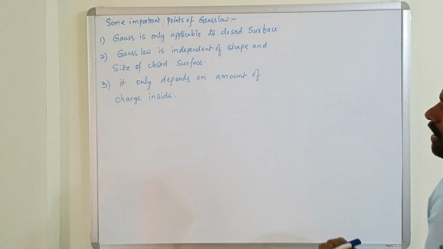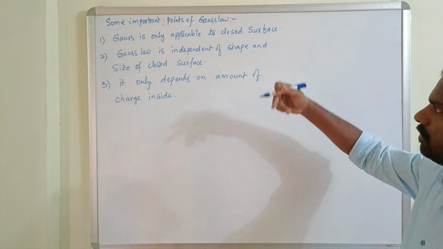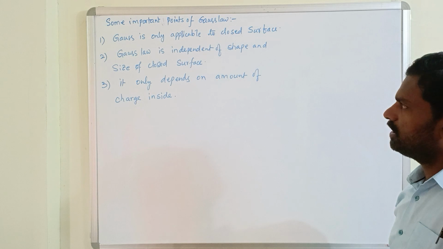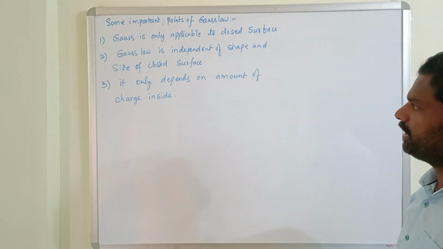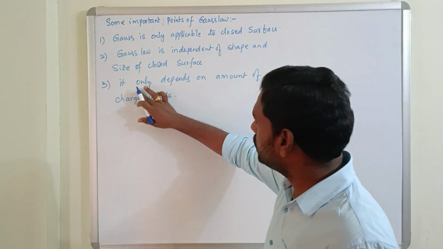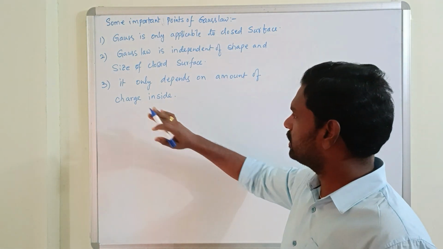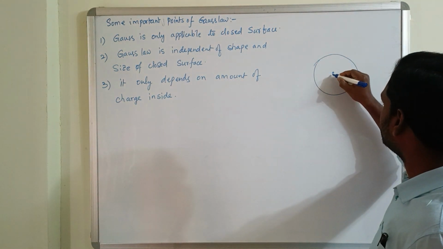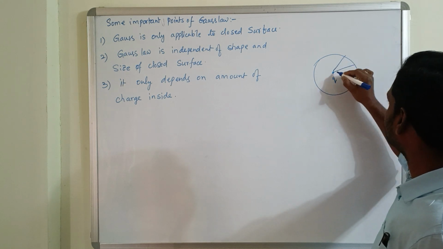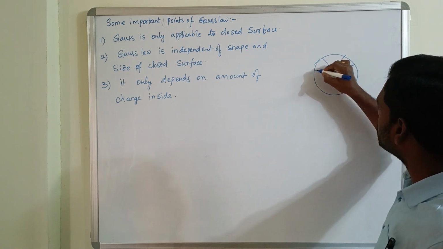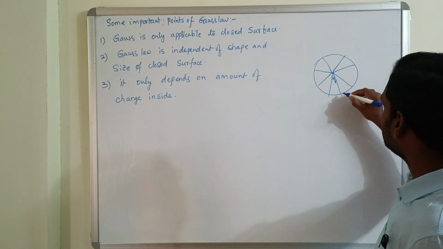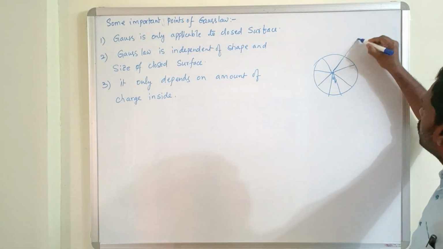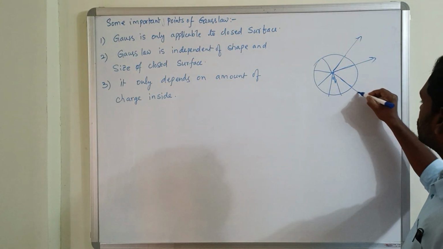See here, conclusion is Gauss law is applicable to closed surface only, and Gauss law is independent of shape and size of the closed surface, and it only depends on amount of charge inside. See here, if there is a charge, then only there exists a flux. Flux due to positive charge is outwards and flux due to negative charge is inward అని చెప్పుకున్నాం already. So some number of field lines, flux అంటే ఏంది?